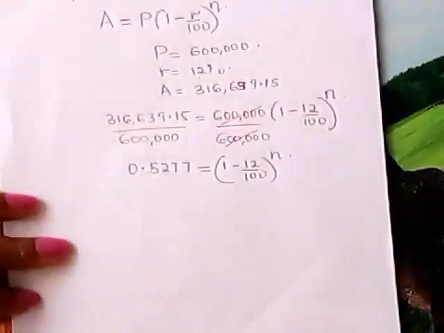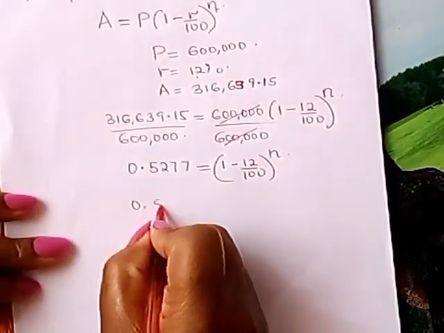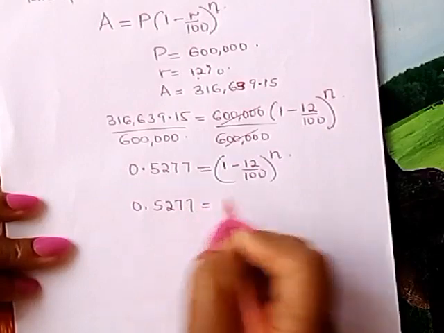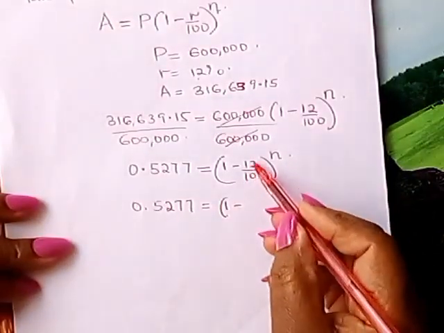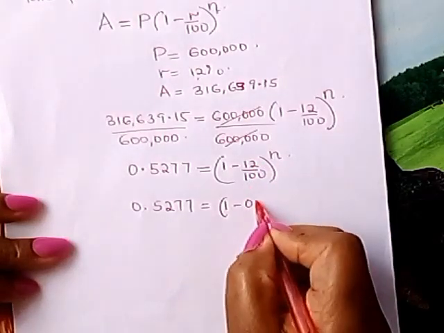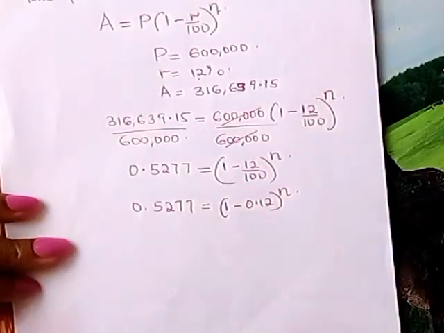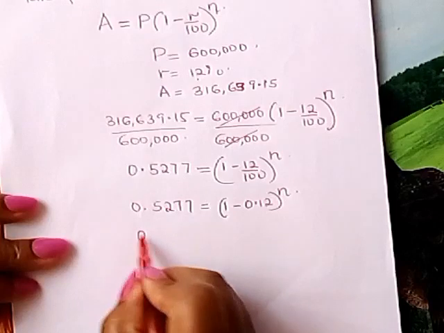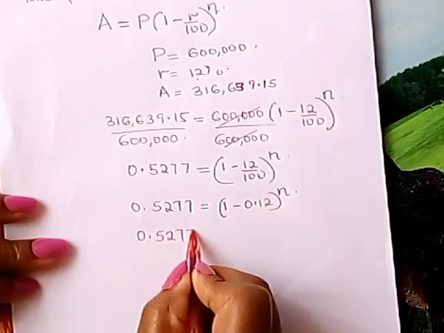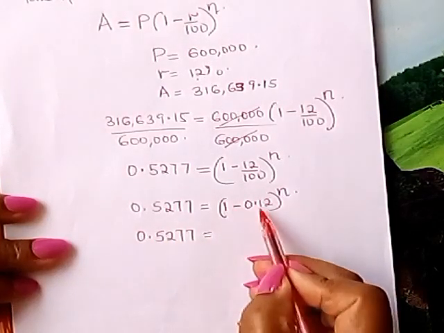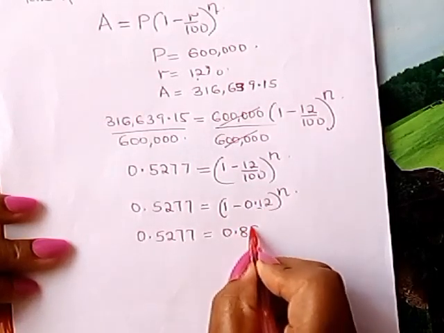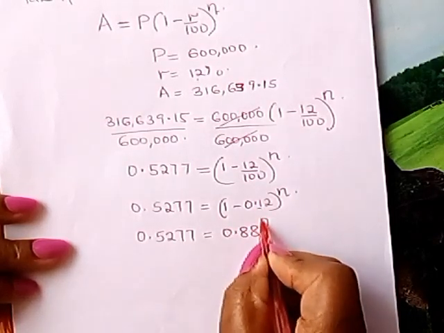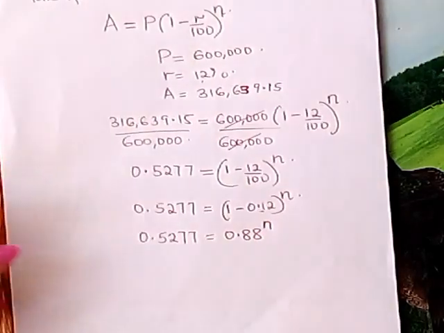From there, learner, 0.5277 is equal to 1 minus, this is a decimal, 0.12 raised to N. So learner, 1 minus this decimal here will give you 0.88, all this raised to N. Look at that, learner.